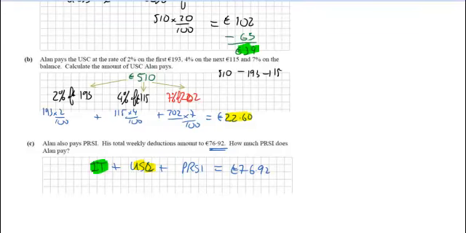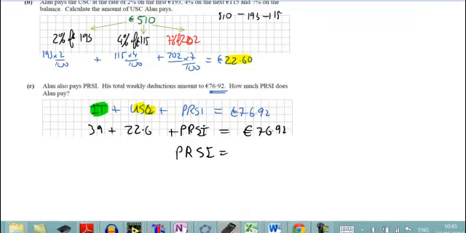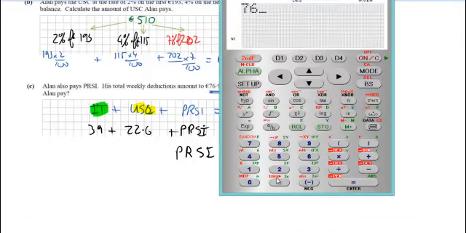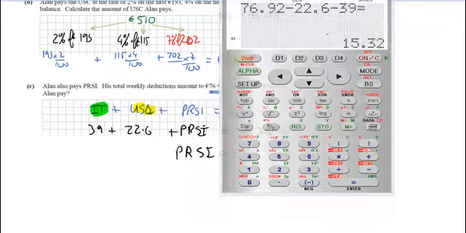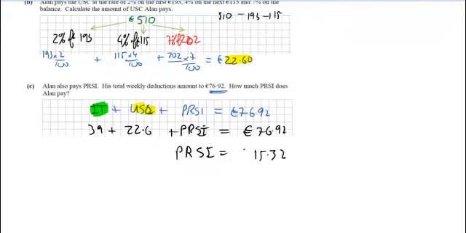So we've got 39 plus 22.6 plus the PRSI is equal to 76.92, and then we just subtract those two values from 76.92, and that will give us our value. 76.92 minus 22.6 minus 39 is equal to 15.32, and that's it.